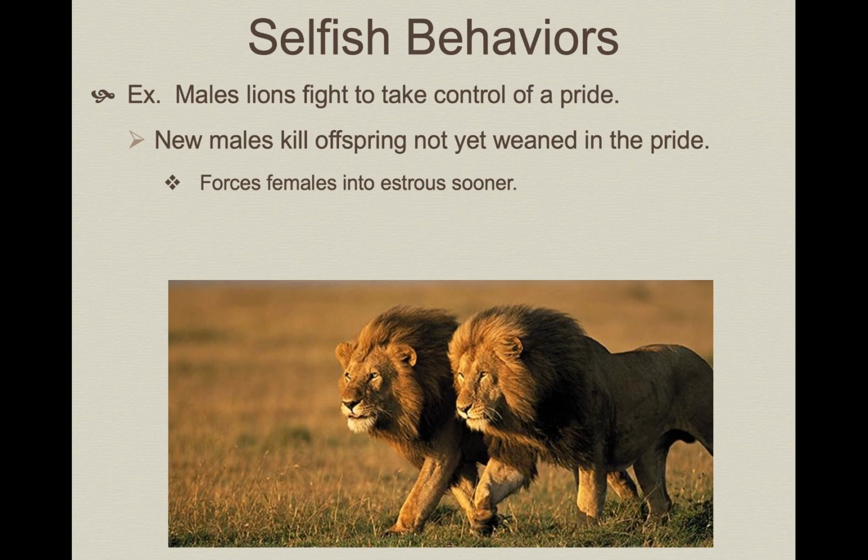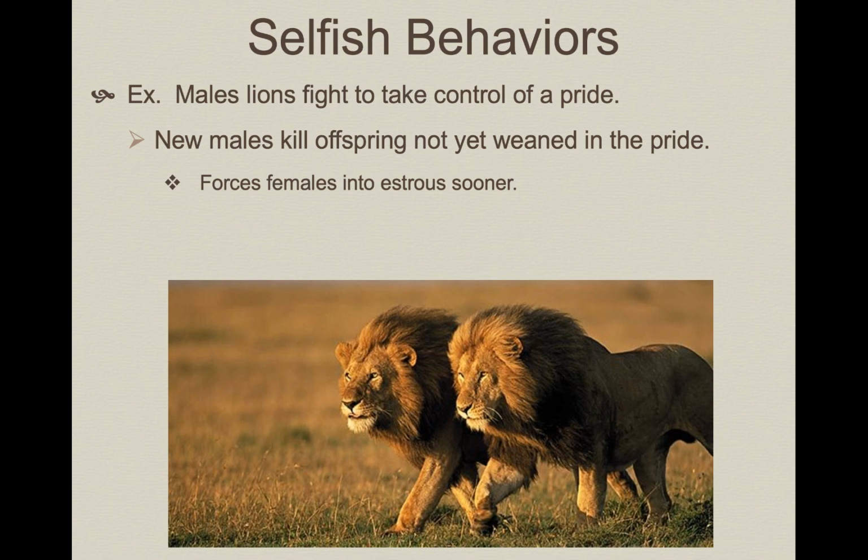So what the new males do is they kill off the offspring that are not yet weaned in the newly conquered pride. What this does is it forces the females in the pride to go into estrus sooner, so that the new males can mate with these females and produce their own offspring.